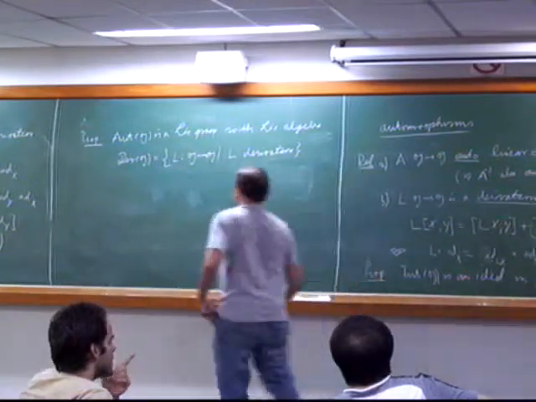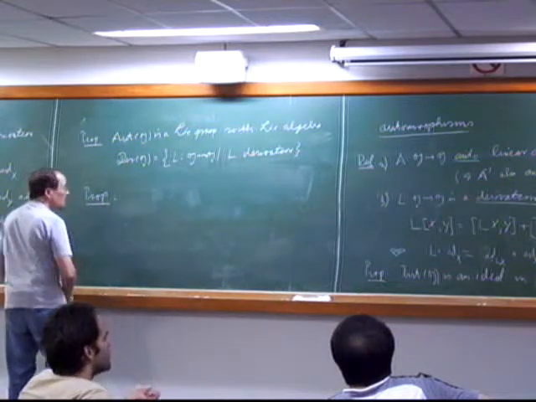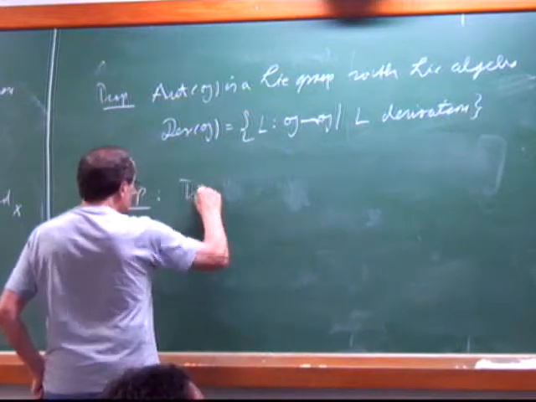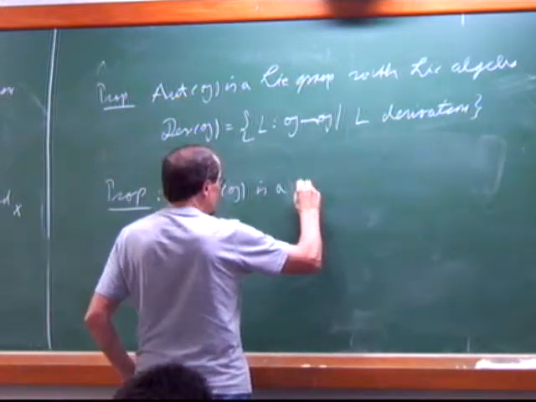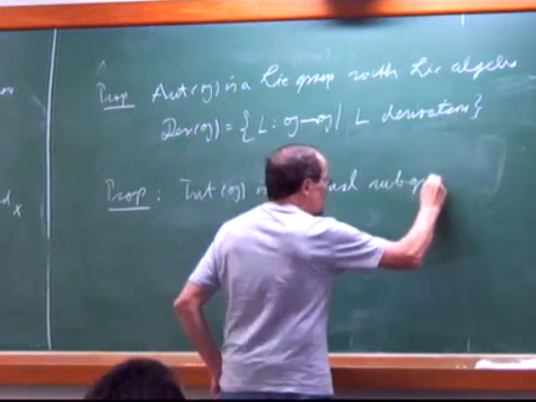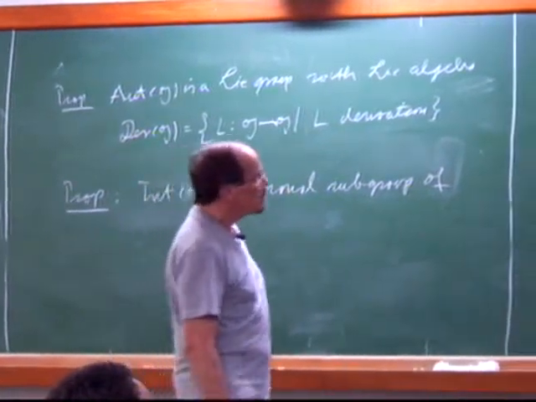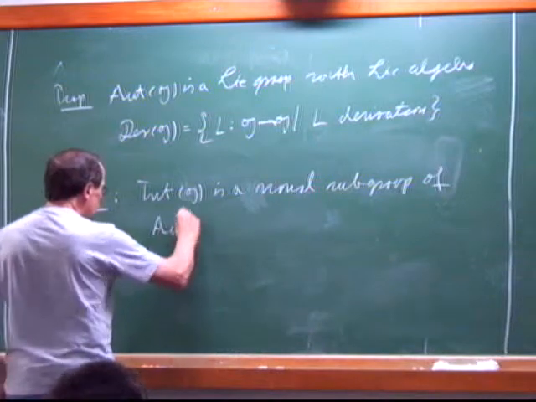So another consequence is then int g is a normal subgroup of out g.